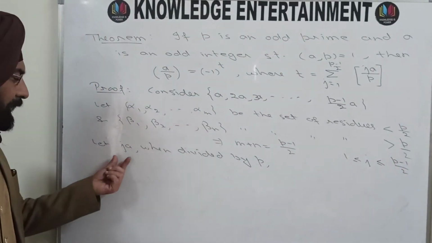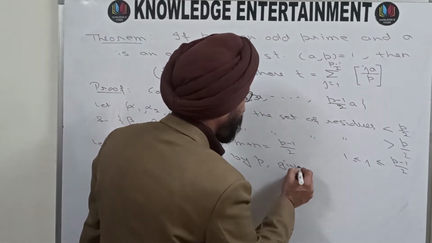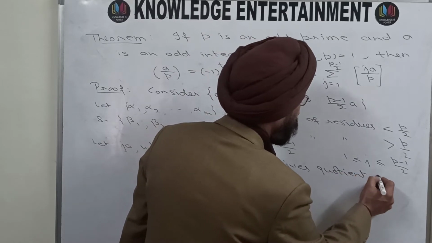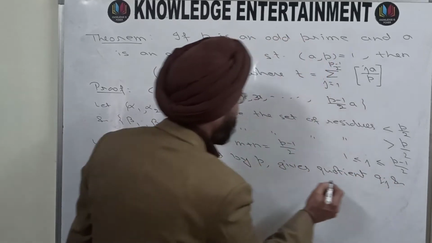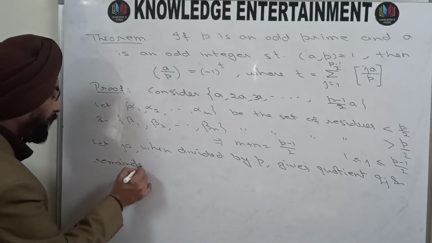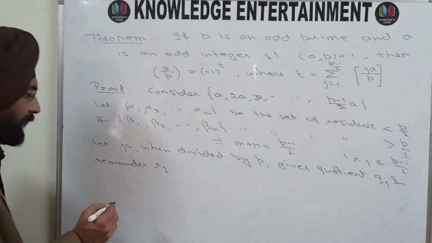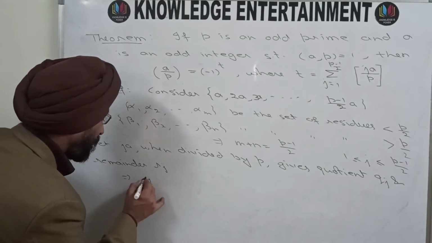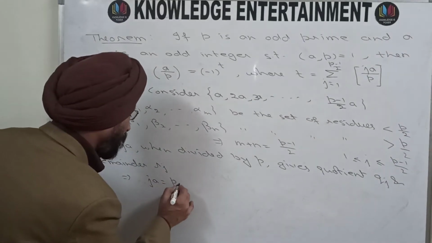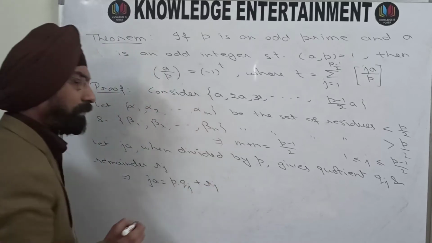So suppose ja when divided by p gives quotient qj and remainder rj. So that means this ja can be written as p multiplied by qj, the quotient, plus the remainder rj.